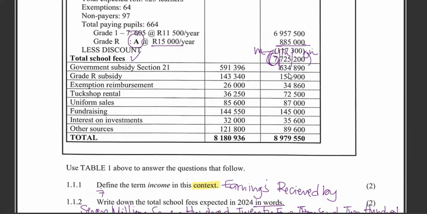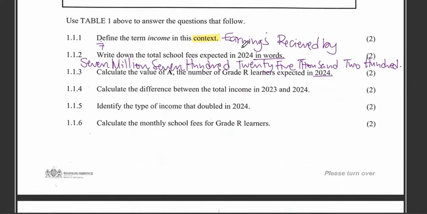So how many learners are they expecting? We get 885,000 divided by 15,000, and the possible answer here we got as 59.